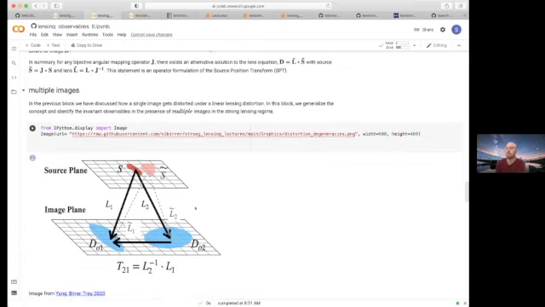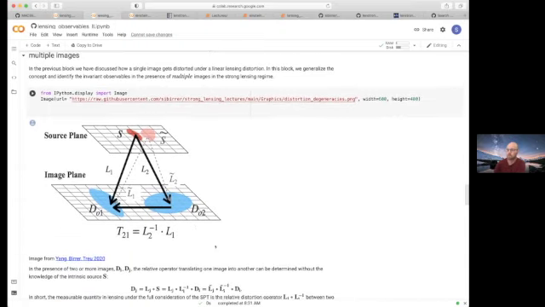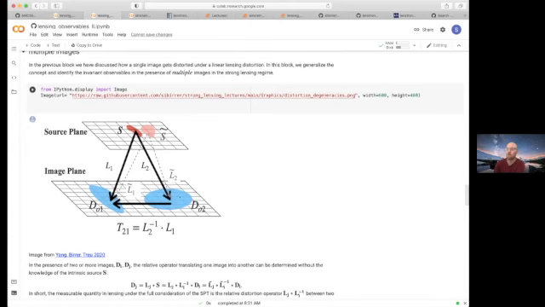So when we have multiple images, if we don't have multiple images, the statement here graphically is that we can have different shapes of the source and different lensing operators, and I end up with the same image that we see on the sky. But now when we have multiple images, we have a crucial property of strong lensing, that these two images must come from the same source.